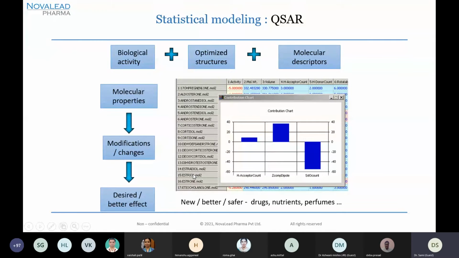Finally, you can get what is called a contribution plot. You can see that graph. It shows some particular properties, like dipole moment, sulfur count, hydrogen bond acceptor count. These are typical properties. Some of the properties you can see contributing in the negative direction, which means they have to be decreased. Some are in the positive direction. Some are very low, which means their contribution is low. After doing a QSAR, you have to analyze such data to understand which properties are contributing more than the others and take a call accordingly.